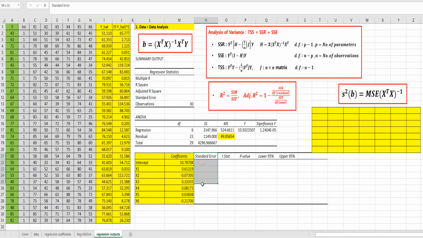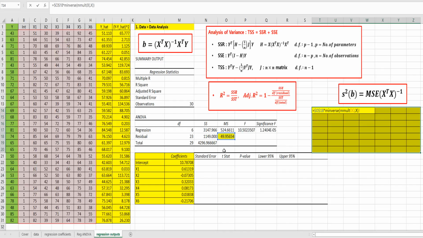So in order to get standard error, we can think of this formula. So select this cell range here, 7 by 7. So MSE here times MINVERSE, MMULT, x comma x.